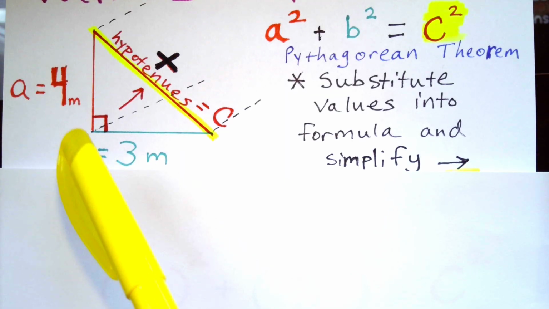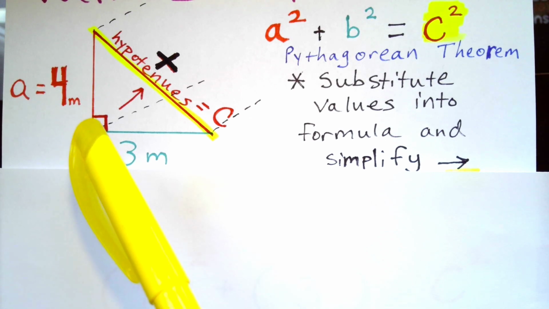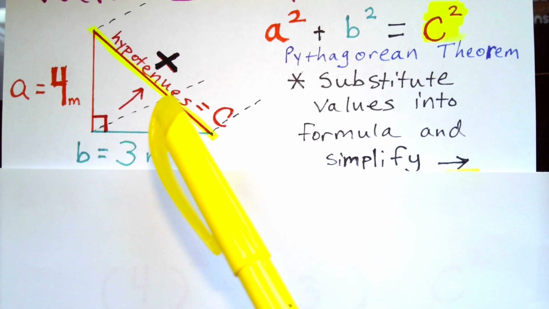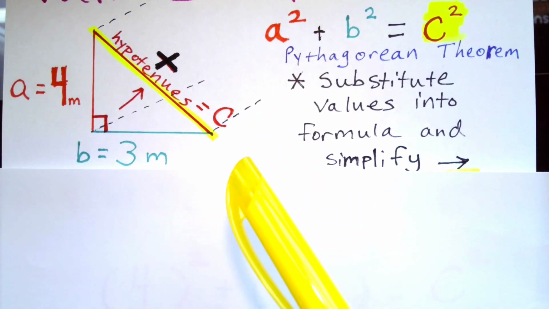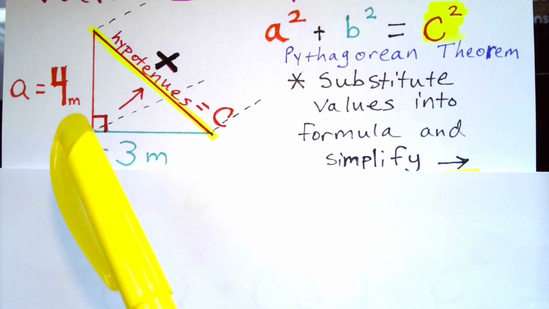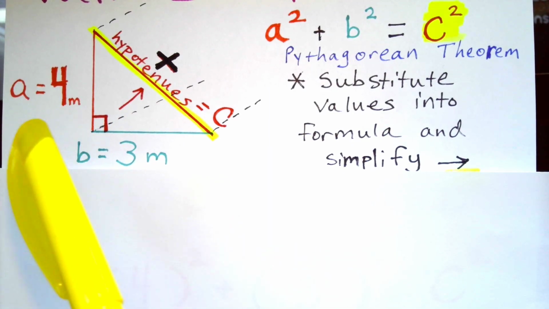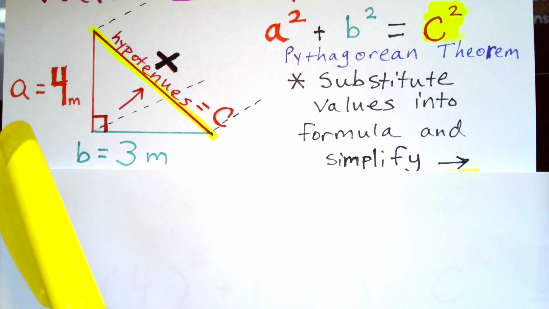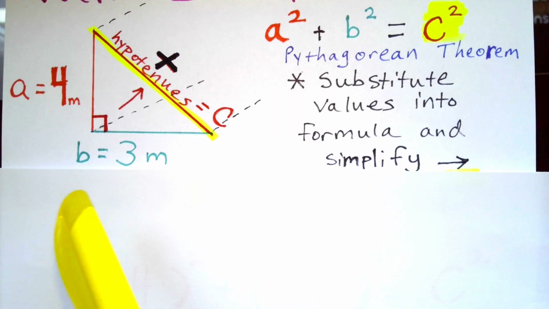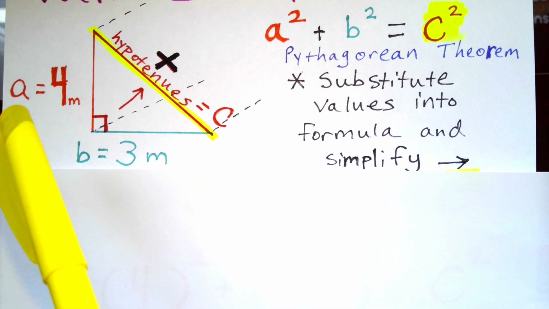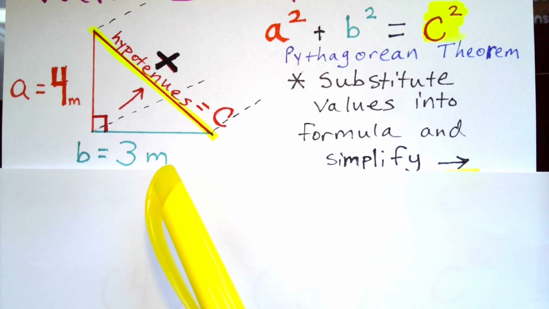So I labeled this leg of the base of that triangular prism, which I'm trying to show you in the continuation of this triangle. This is the base, and the leg here was 4 meters. I labeled that A. Now again, I could have labeled that B, which would automatically make 3 meters my A. But just to keep things simple, I labeled this one A, which automatically makes the 3 meters my B.